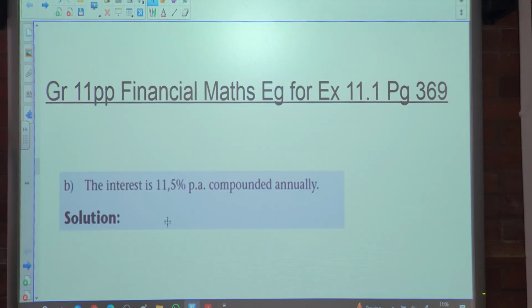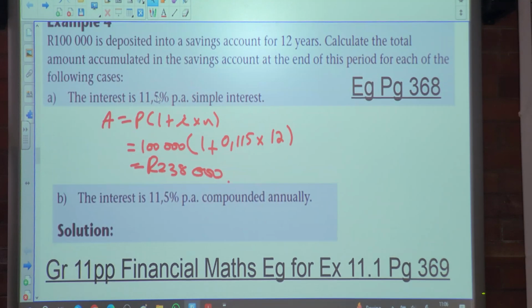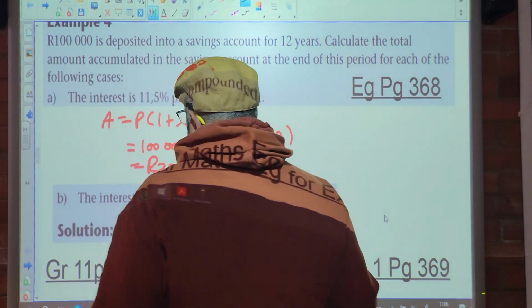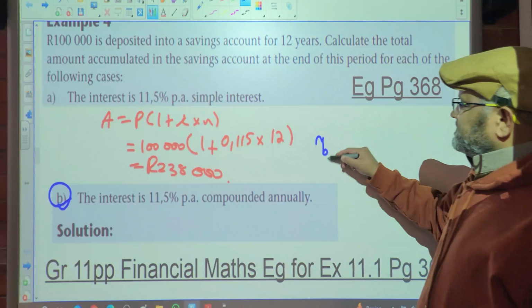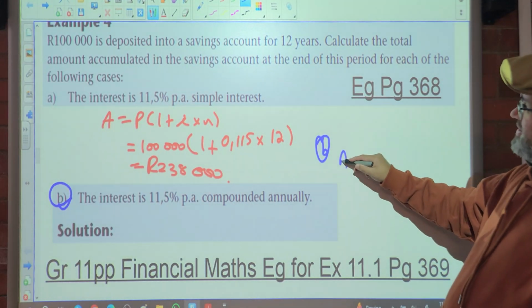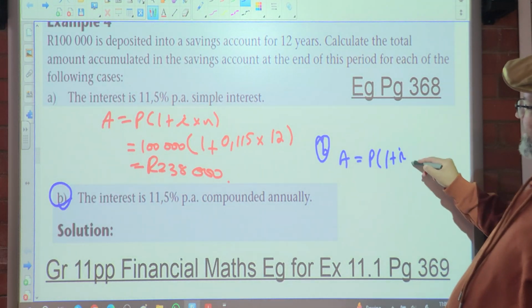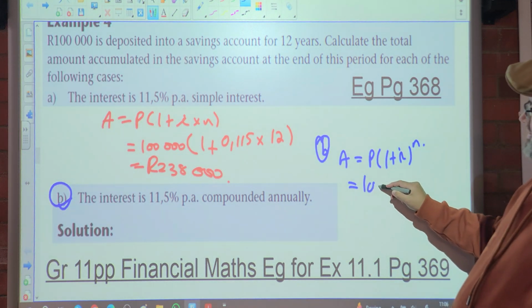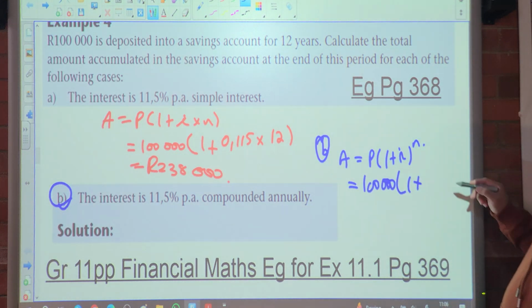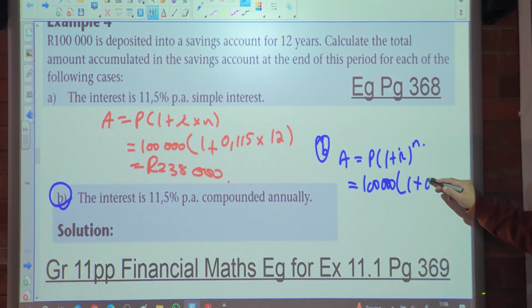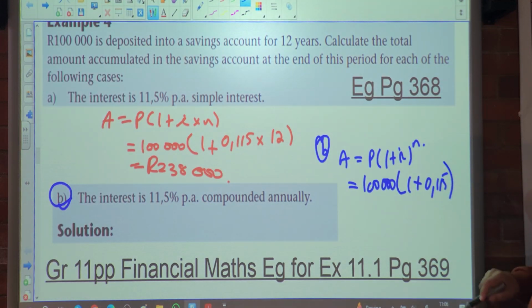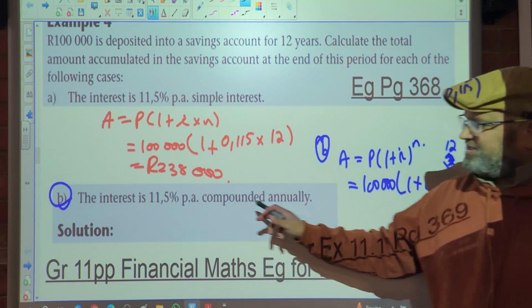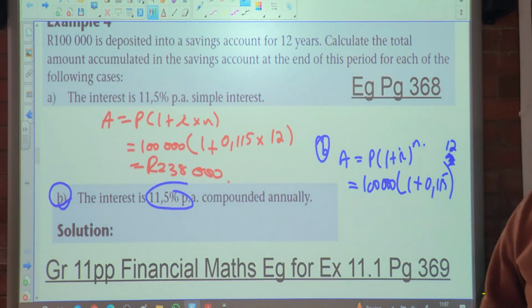B: 11.5% per annum compound interest, compounded annually. So let's go with that formula. It's a compound formula, so A is equal to P into (1 plus i) to the exponent n, which is 100,000 into (1 plus 0.115) to the exponent 12. How do I get this, people? I divide the interest rate by 100.